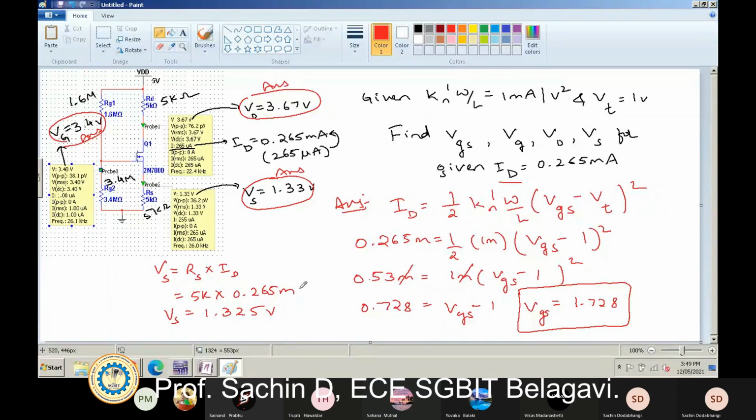Next, find it for VG. I'll write it here itself, or else I will use a different color so that you will identify. See, to find VG, you apply the voltage divider rule. VG, gate voltage, is equal to VDD times RG2 divided by RG1 plus RG2.